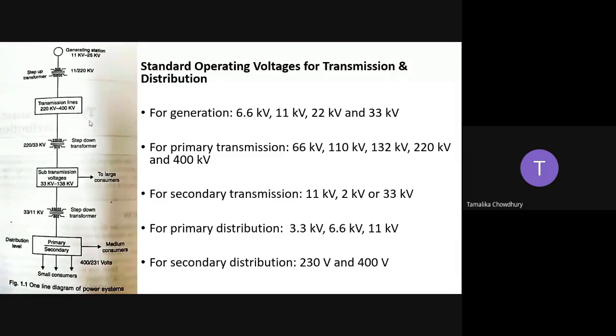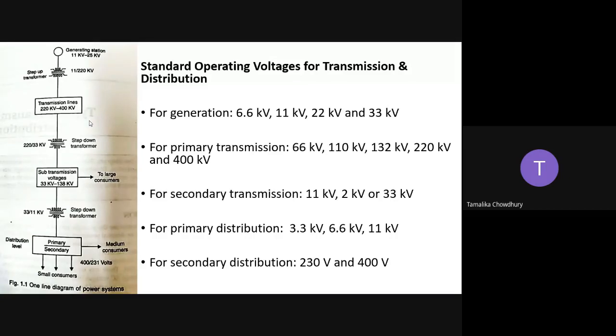Next is the secondary transmission, where the voltage is relatively low because the transformer steps down a bit. Before primary transmission, the transformer steps up, and after primary transmission, the transformer steps down for secondary transmission at 11 kV, 22 kV or 33 kV.